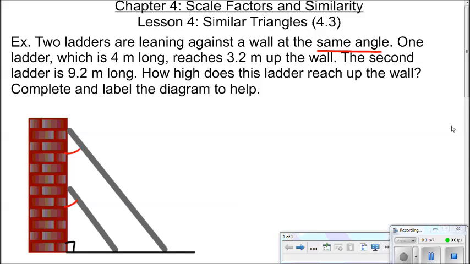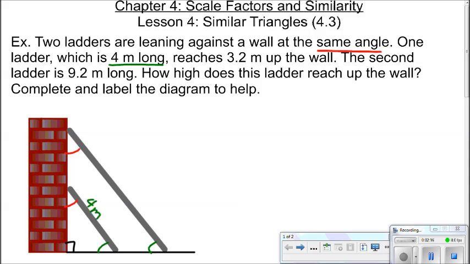So we're going to use that information to help us solve a problem. So we're going to label the rest of the information that the problem told us onto these triangles. So the 4 meters long is the length of the ladder, so we can add that onto our drawing of the smaller ladder.